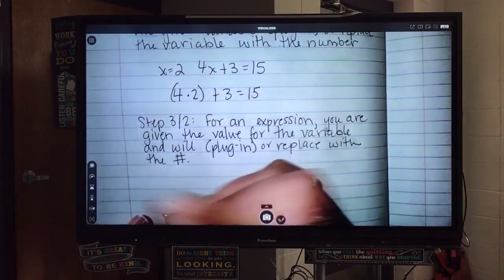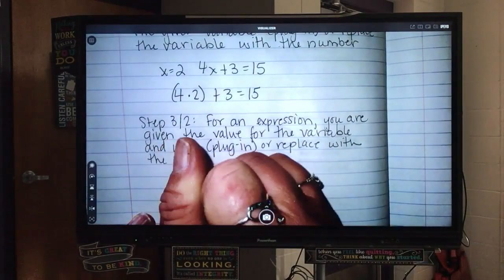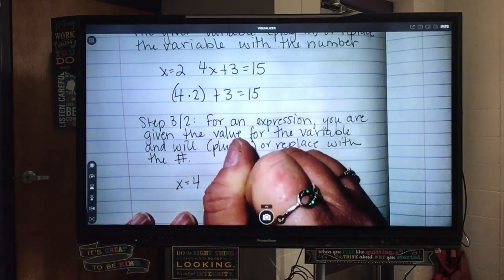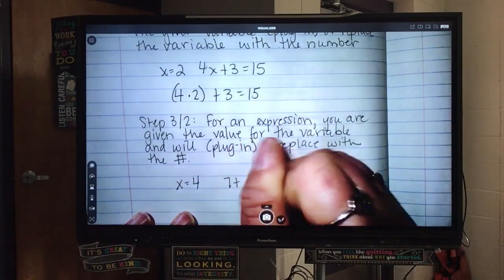Same thing, so we're gonna say x equals 4, and we have 7 plus 3x.